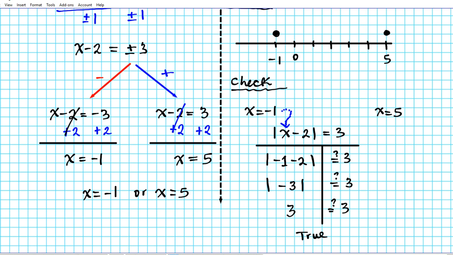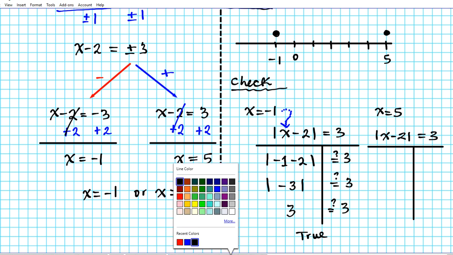So we're going to repeat the same procedure, but in this case we're going to be using 5 for our x value. The absolute value of x minus 2 equals 3 is the original problem. We're going to make another t-chart for our second absolute value equation check.